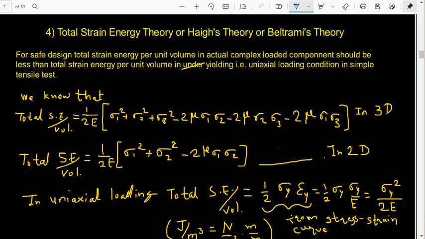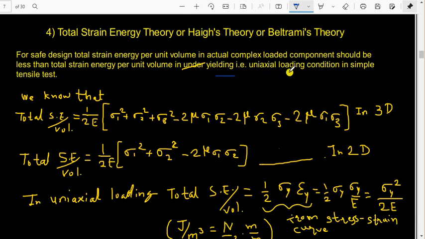What this Haigh theory tells, for safe design, look at the statement: for safe design, total strain energy per unit volume in the actual loading condition of a component should be less than the total strain energy per unit volume in yielding, that means under uniaxial loading condition in a simple tensile test.